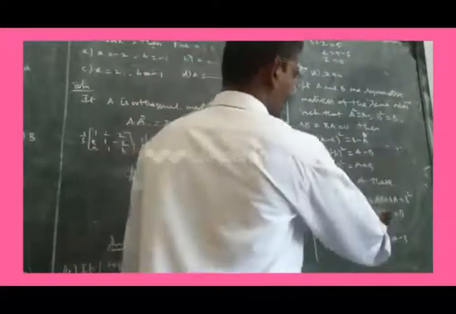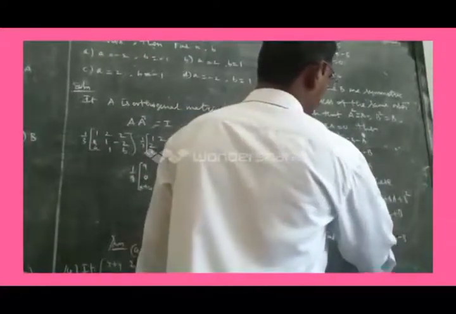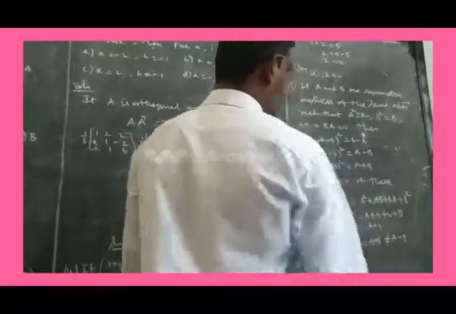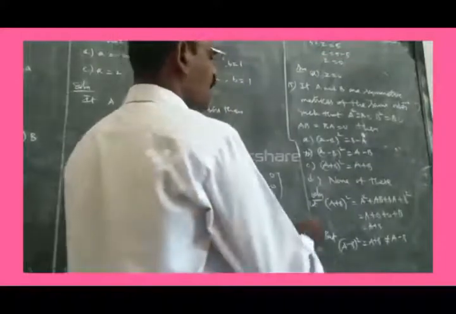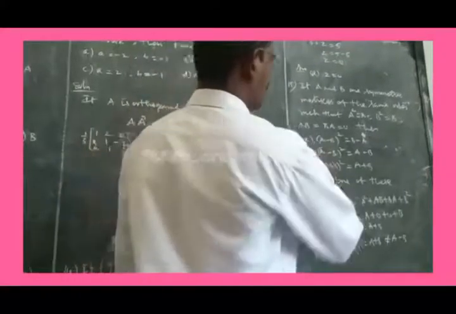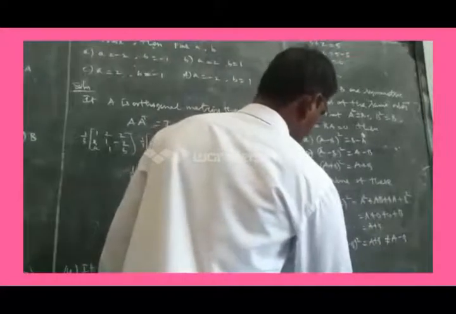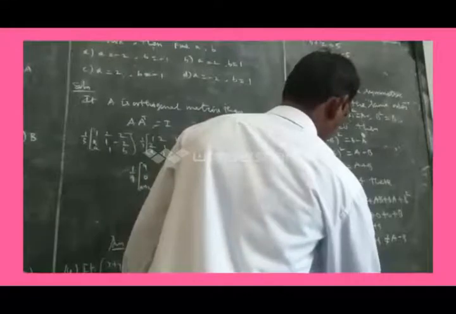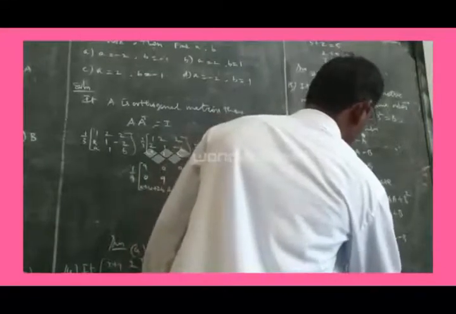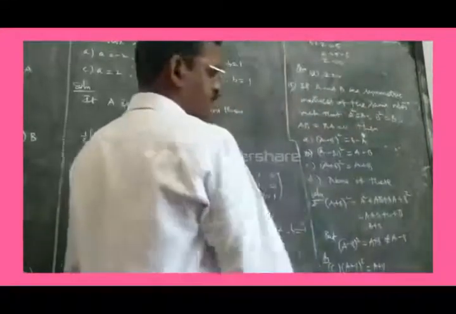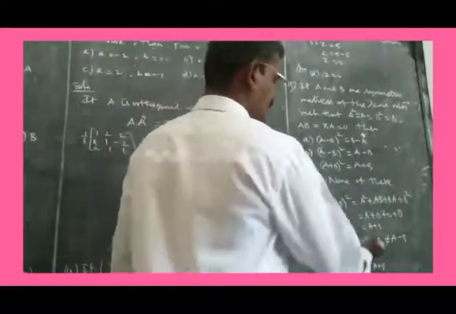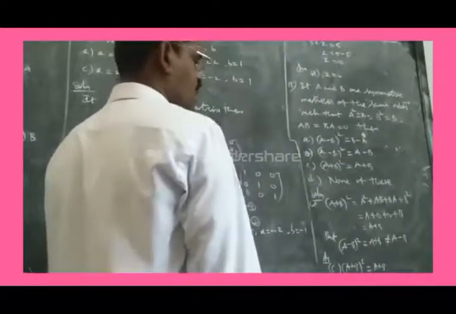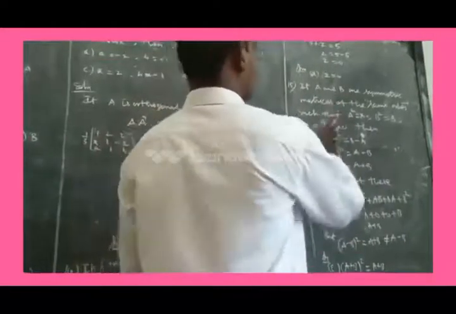So simplifying, A plus B whole square equal to A plus B. So option C is correct. A plus B whole square equal to A plus B, but A minus B whole square equal to A plus B, not equal to A minus B. So the correct answer is option C.